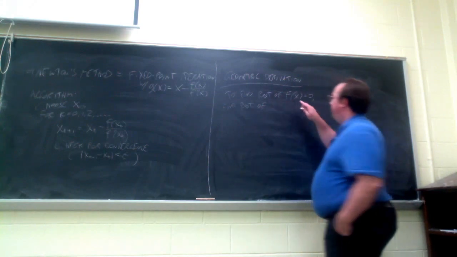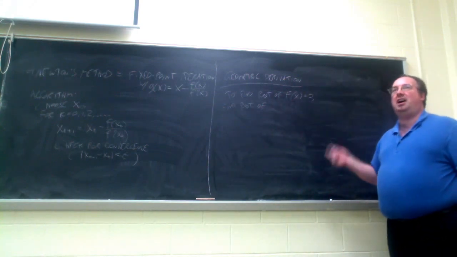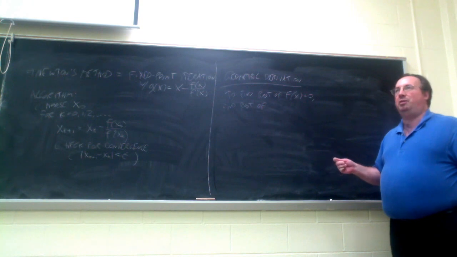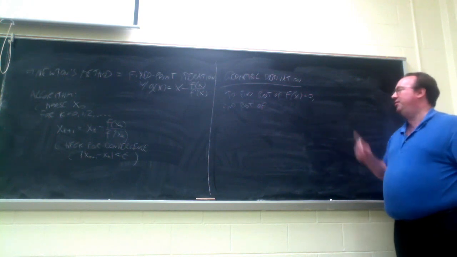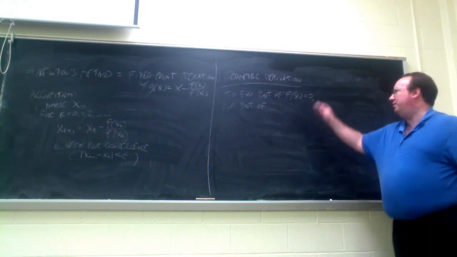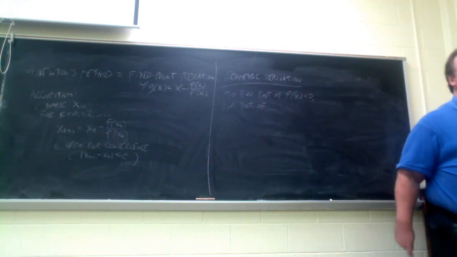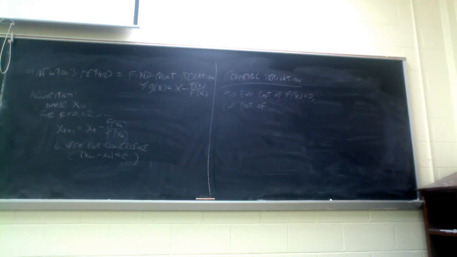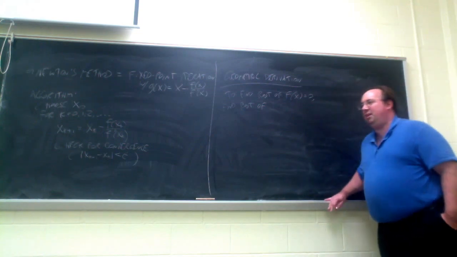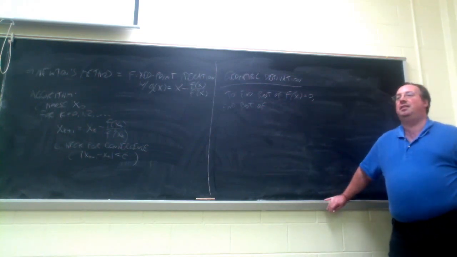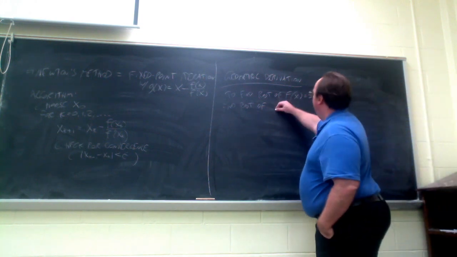So, if we want to approximate f of x by a line, well, we can't just choose any line. What would be a sensible kind of line to choose? f could be anything, but what's a good way to approximate f by a line? What kind of line? Tangent line. Yeah. So we can find a root of a tangent line.